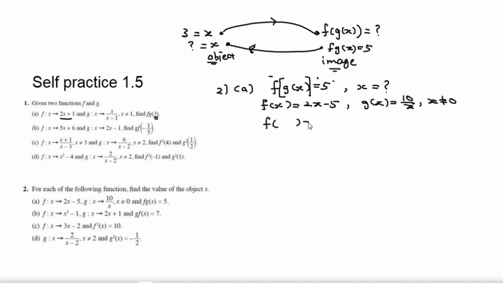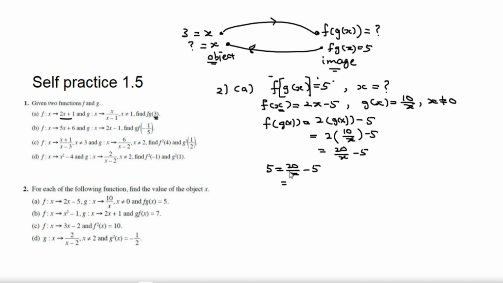So f(x) equals 2 times x minus 5. Now we replace this x with g(x). Do the same thing for the other side: replace x by g(x). So what is g(x)? g(x) is 10 over x. So 2 times 10 over x minus 5 equals 20 over x minus 5. This is fg(x), and fg(x) is equal to 5. So in the next line you can equate 5 with 20 over x minus 5.